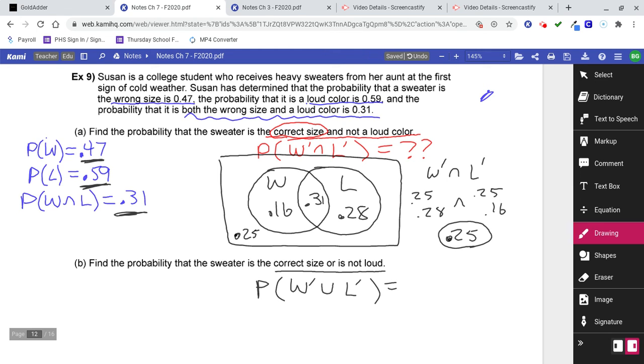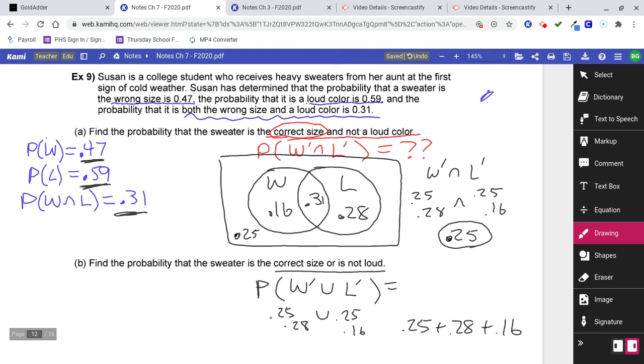So look at not wrong. Not wrong is 0.25 and 0.28. We're going to union that with not loud, which was 0.25 and 0.16. So if you think about the union, you're going to put those numbers together. The union is going to be 0.25 plus 0.28 plus 0.16.